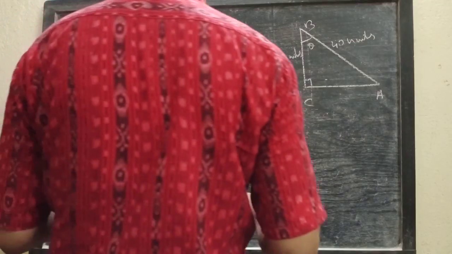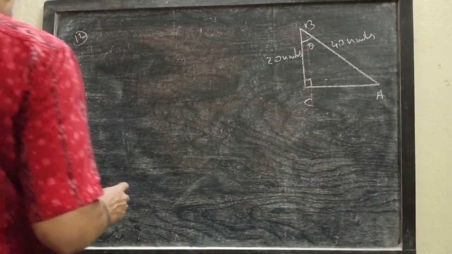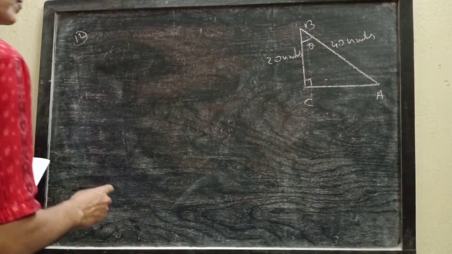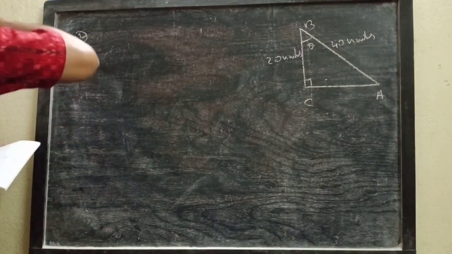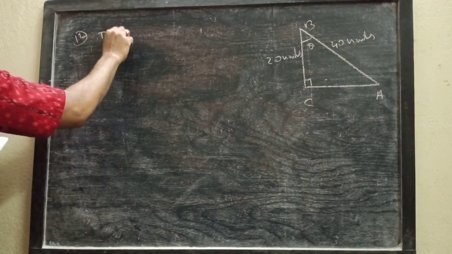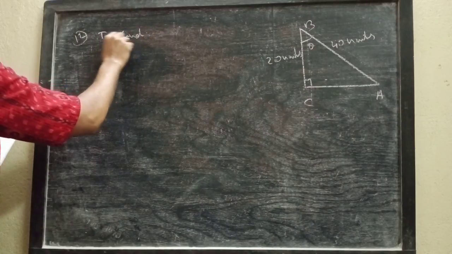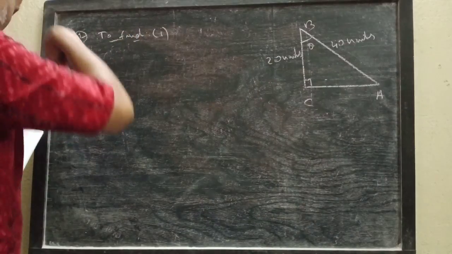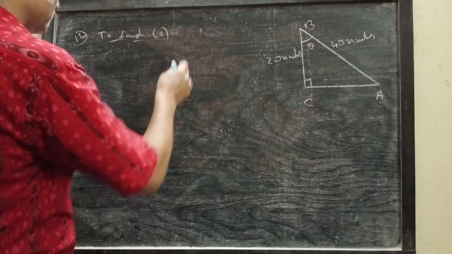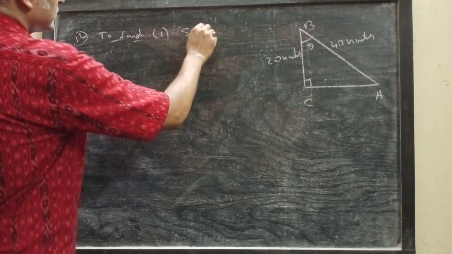You are asked to find, number 1, sin square theta plus cos square theta.